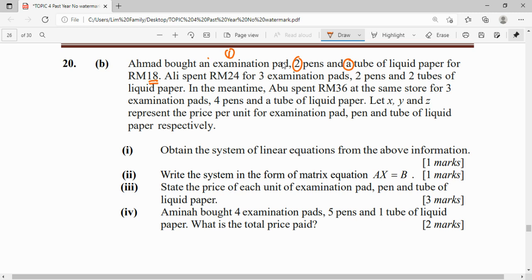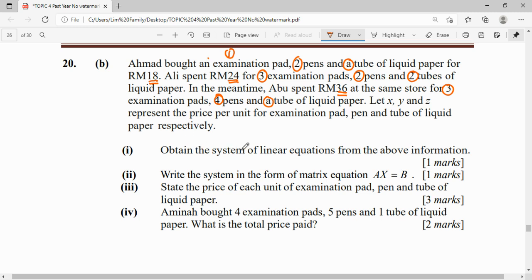For Ali, he will go for 3, 2, 2 for 24. Then Abu, he will go for 3, 4, and 1 for 36 ringgit. So X, Y, Z represent the price per unit for examination pad, pen, and tube of liquid paper.